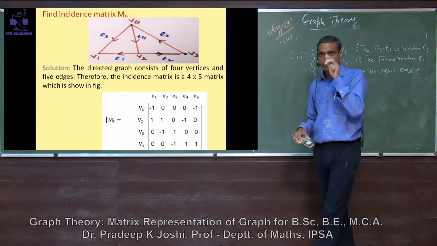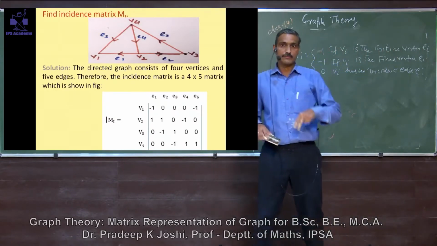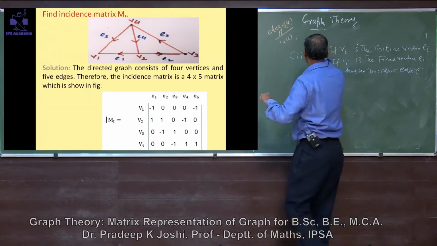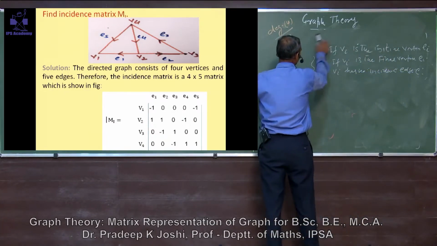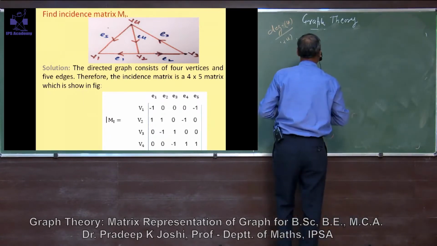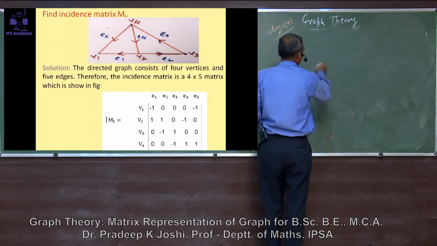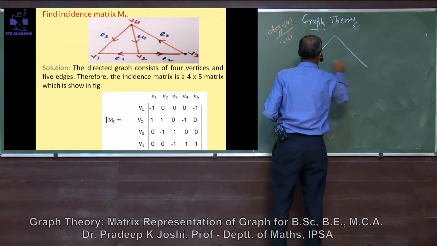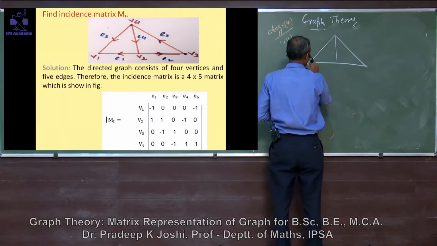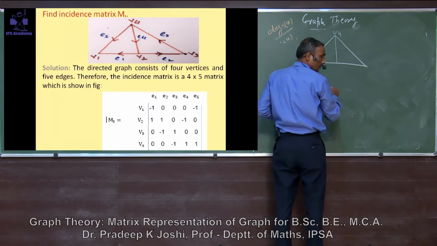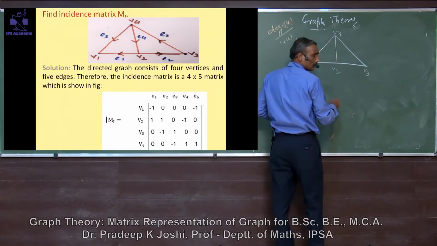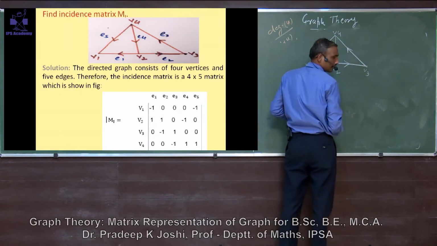Now this is the example. You have to find the incidence matrix of the given directed graph. Just to recall, when it will be 1, when it will be -1, and when it will be 0. Suppose we consider a graph here. This is V1, V4, V2 and V3. The direction is this way.